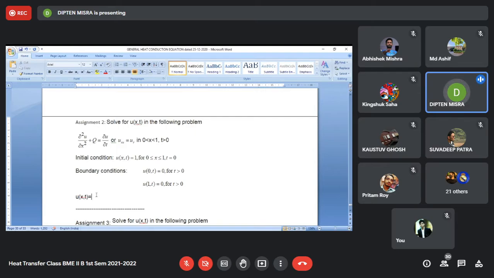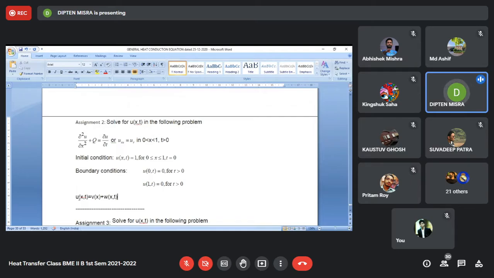This we can write as consisting of two separate problems. One is only a function of x, and then there is another problem that is a function of both x and time. We can have two different problems. One problem is in terms of v, which is only a function of x, and there is another problem that is in terms of w, which is again a function of x and time.